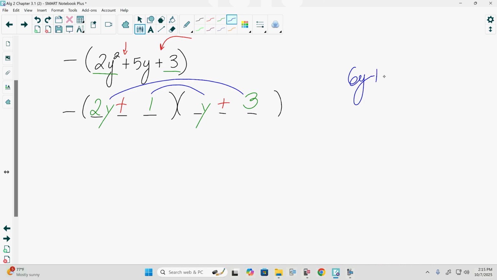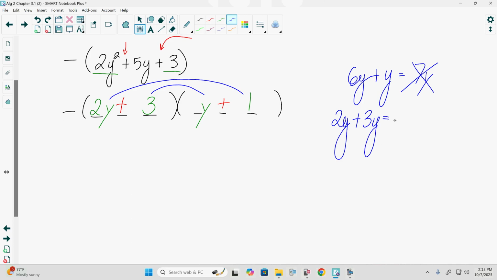Then we can check 2y times 3 is 6y. 1 times y is plus y. And 6y plus y is 7y. Is that the middle term we wanted? No. So we can switch the 1 and 3 and try again. 2y times 1 is positive 2y. 3 times y is positive 3y.